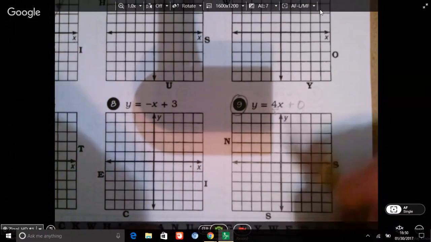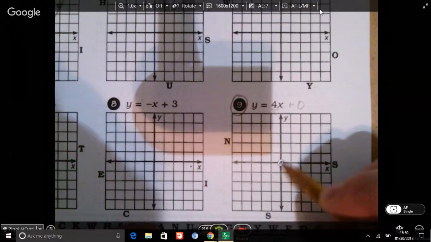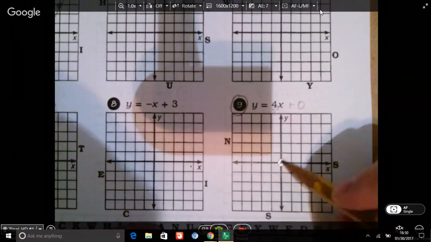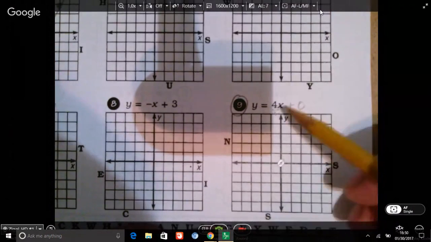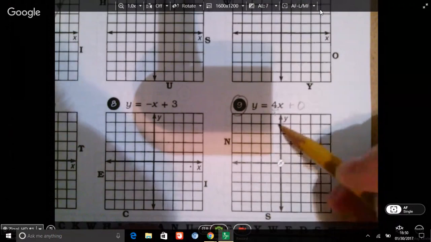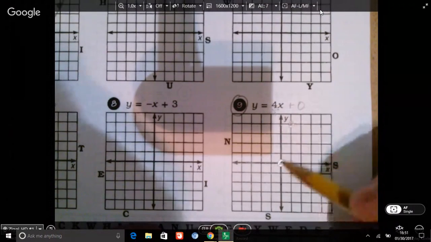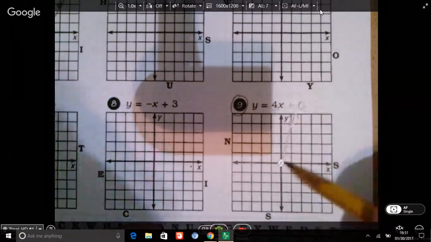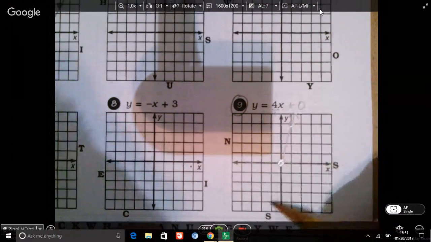So it's 4x plus 0, and our y-intercept is 0. That's where you start on the y. The top number 4, you go up. 1, 2, 3, 4. The bottom number is 1. You always go right for that bottom number, no matter what. And to the other side, 1, 2, 3, 4, left 1.